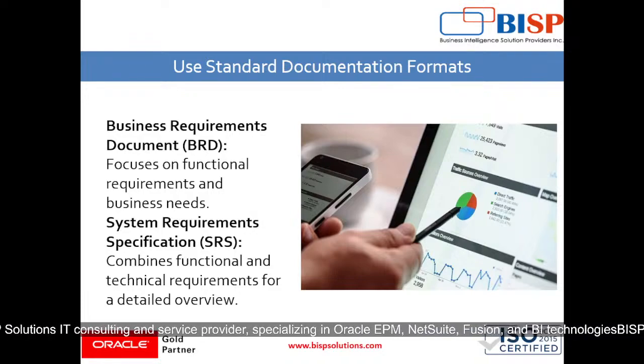So, the business requirement document focuses on functional requirements and business needs, and the system requirement specification combines functional and technical requirements for a detailed overview.